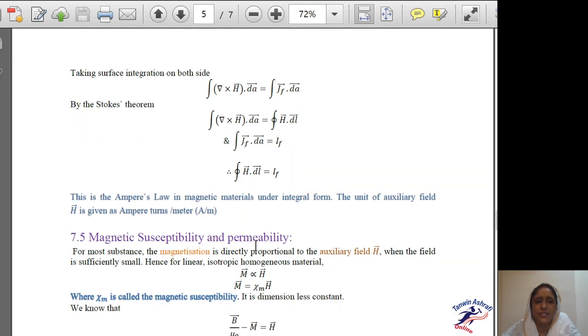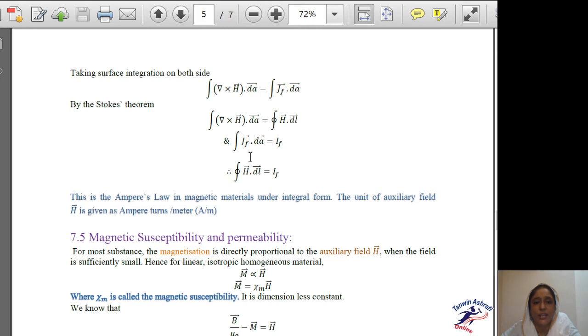Now, taking the surface integration on both sides and applying Stokes' theorem on the left side, we get the integration over a closed path of H dot dl, and the integration of J_f dot da is equal to the free current I_f. We substitute the values in the above equation.